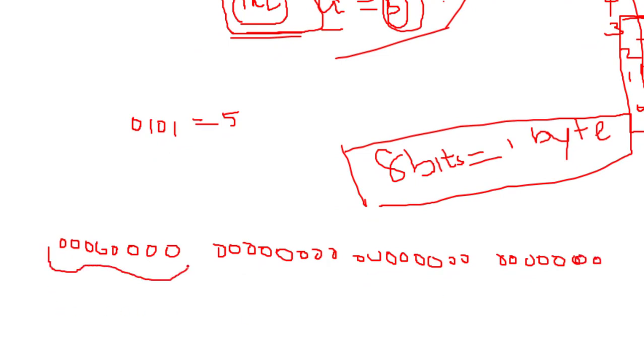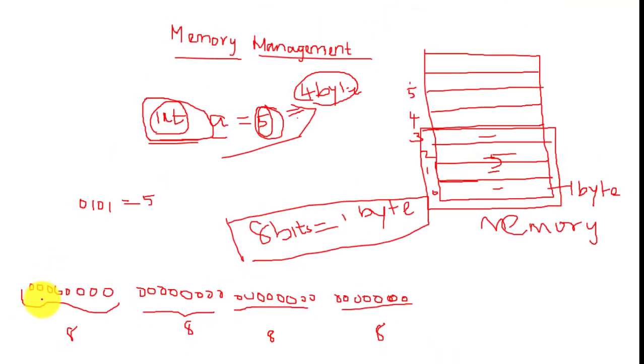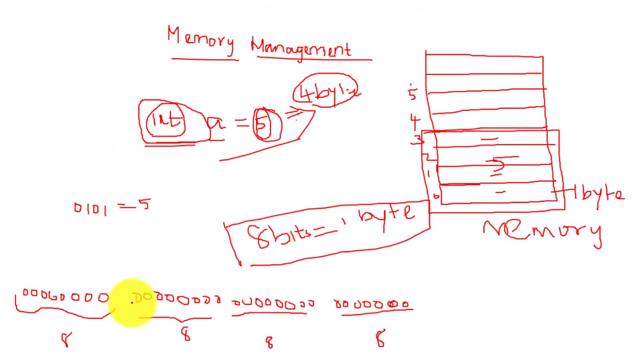So this is 8-bit, this is 8-bit, this one is also 8-bit, and this one is also 8-bit. So in total it is a 32-bit compiler.